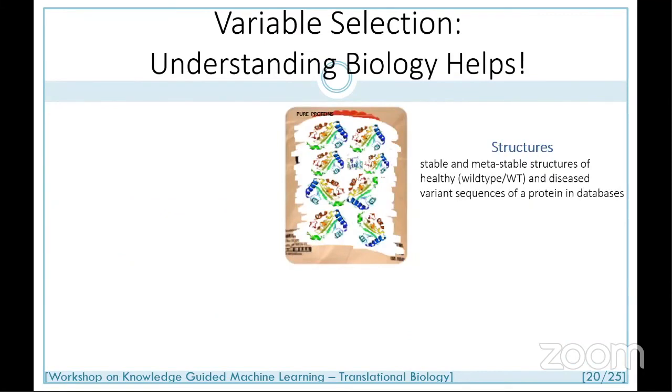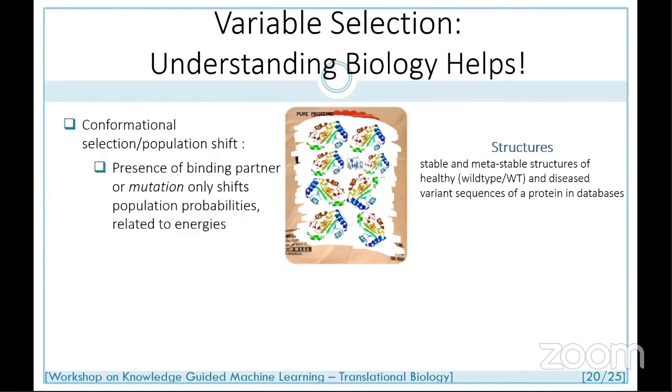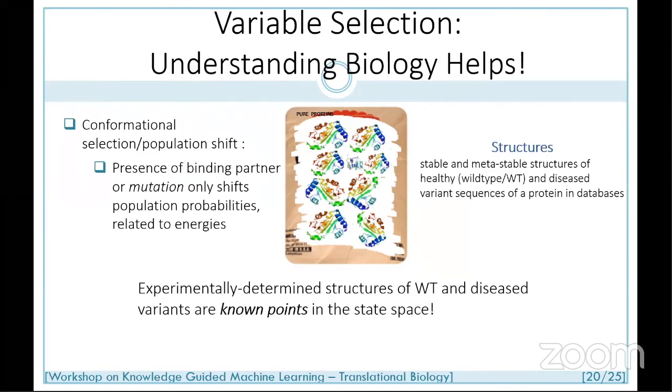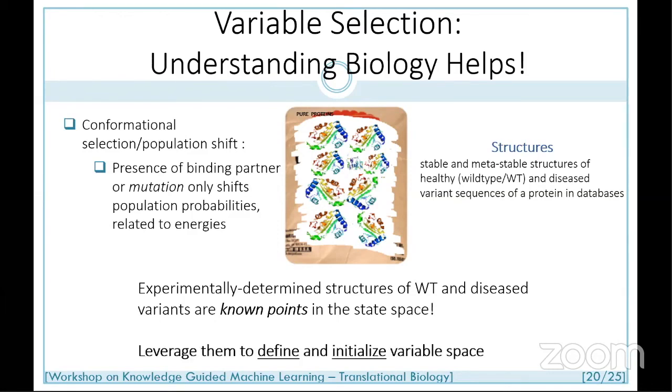So what we were able to do was, using known structures, for instance, even of different versions of a protein, we were able to see that these were points in a landscape, and we could exploit this information in order to find the variables, to map the manifold and to conduct the search in the right space.